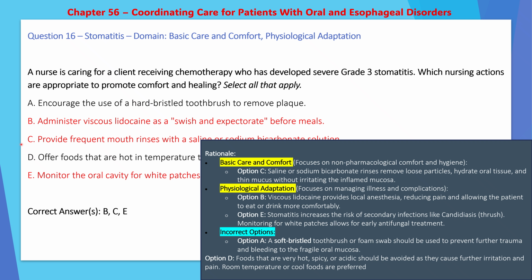For the psychosocial adaptation, it's options B and E, which focus on management of illness and complication. And this is the last question of this chapter, and we finish chapter 56, coordinating care for patients with oral and esophageal disorders.